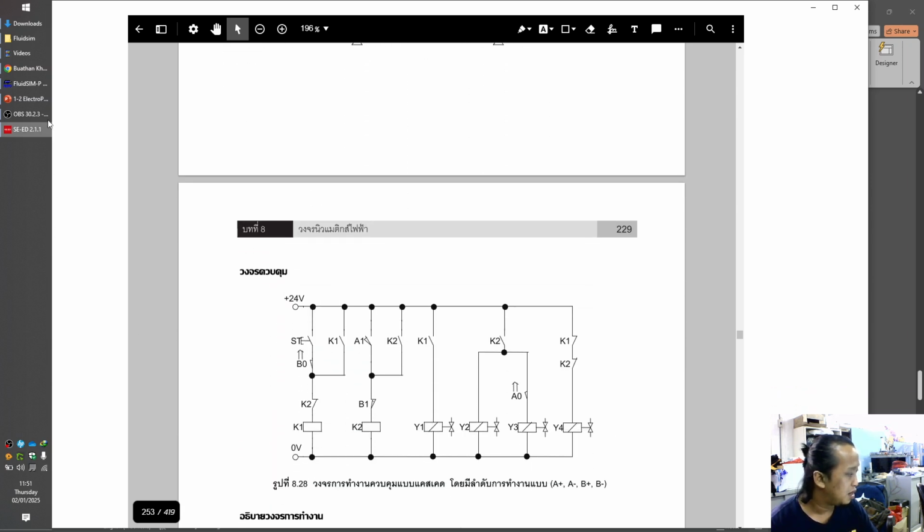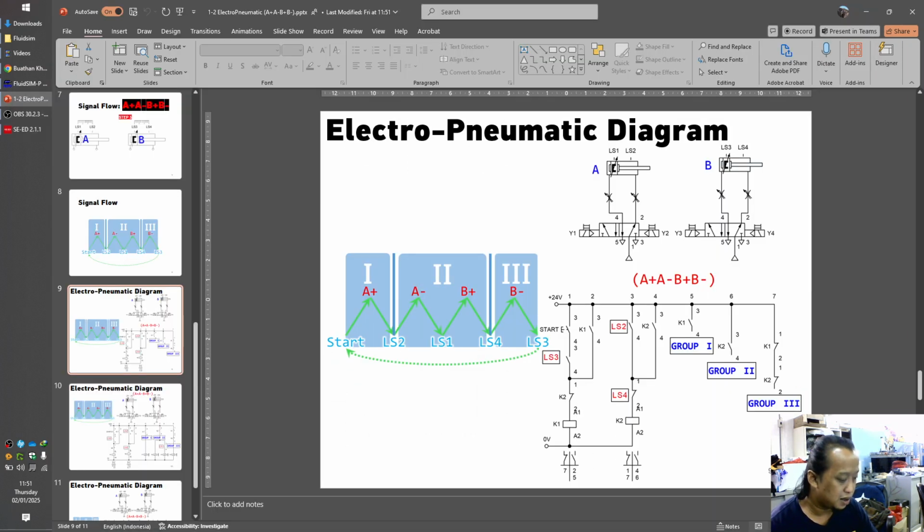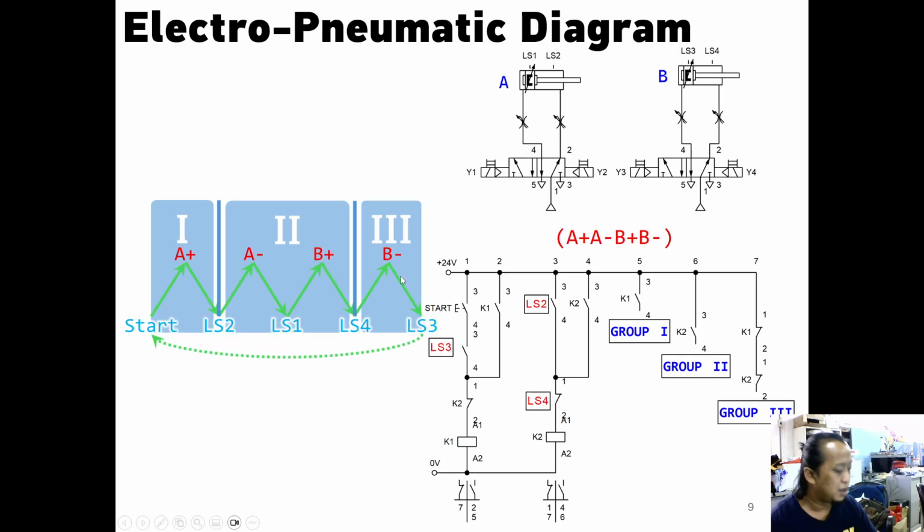This is the electropneumatic diagram. This is the start button, and we are going to use this open contact, or make contact, for limit switch 3, and it is reset by K2.